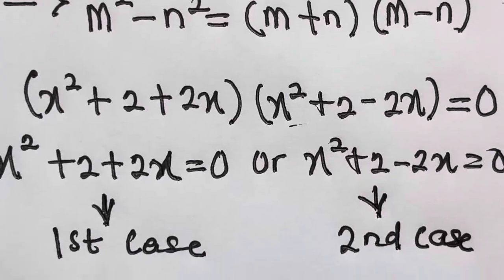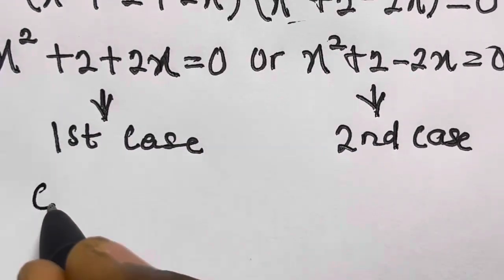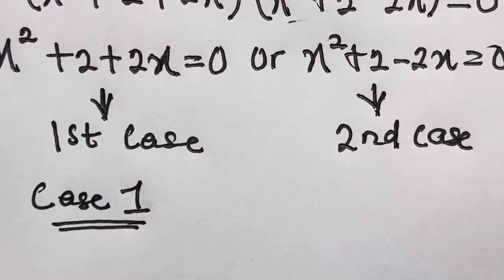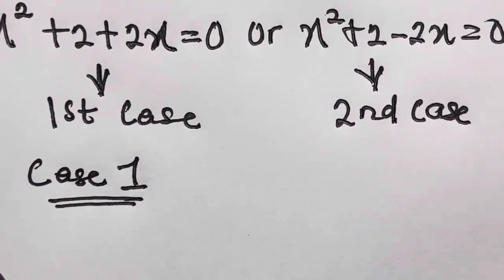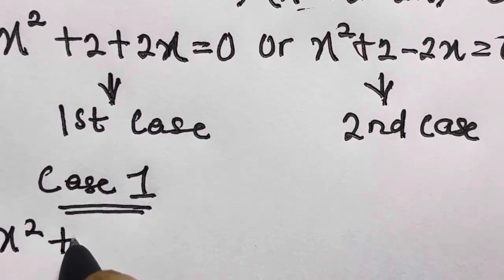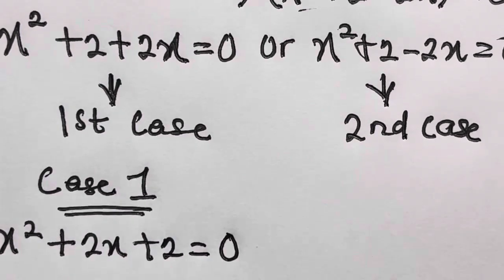But let us deal with the first case. For case 1, what do we have? We have x squared plus 2x plus 2 equals 0.